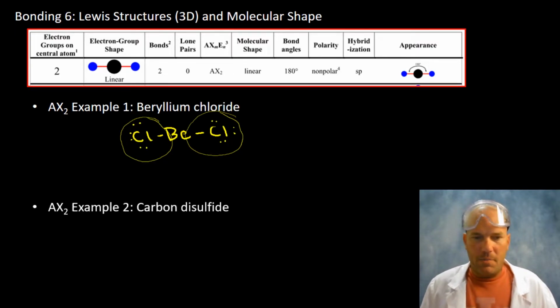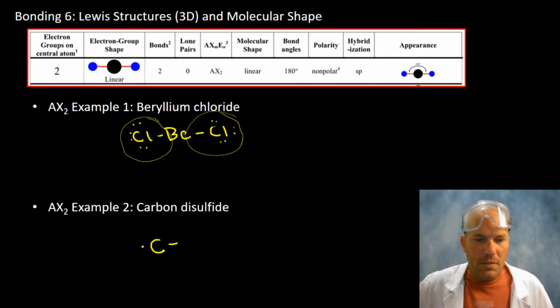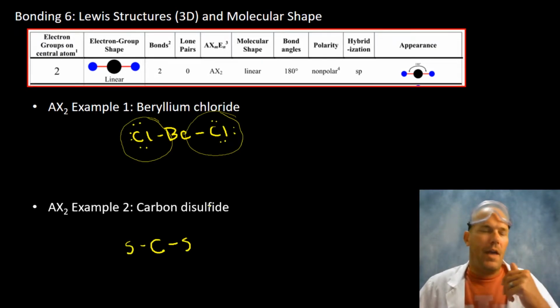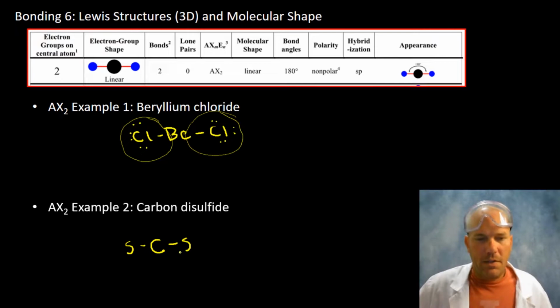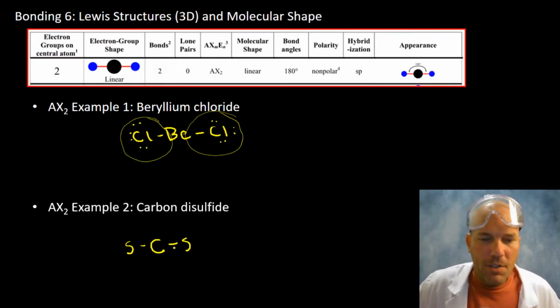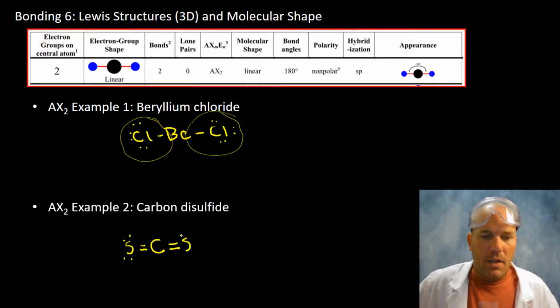Let's do another example. Let's do carbon disulfide. So you're going to make your skeletal structure after you've added up all of the valence electrons. And once you go through and start making the structure, you're going to find that you're actually going to need double bonds on both of the outer atoms.